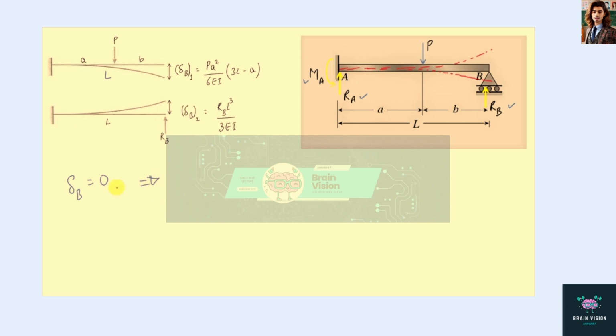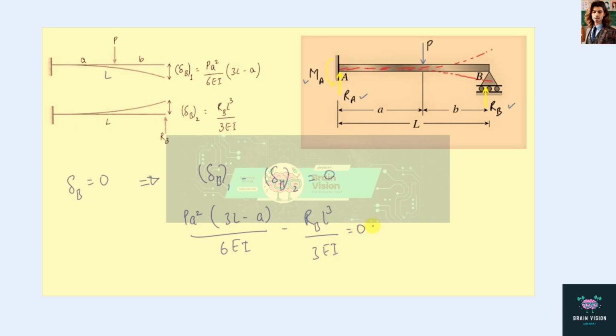So delta B1 minus delta B2 equals 0. Plugging in delta B1, P a squared times (3L minus a) divided by 6EI, minus delta B2, RB L cubed over 3EI, equals 0.